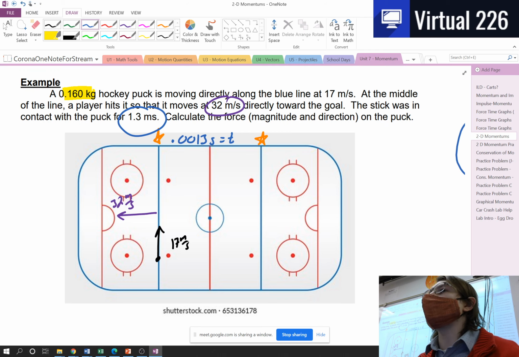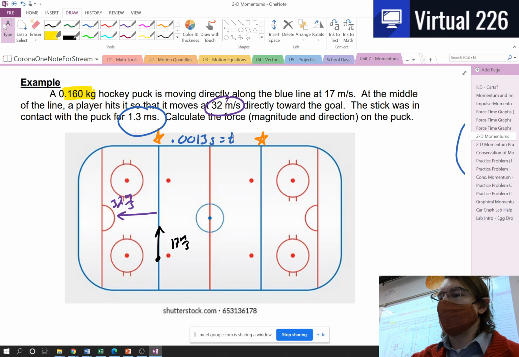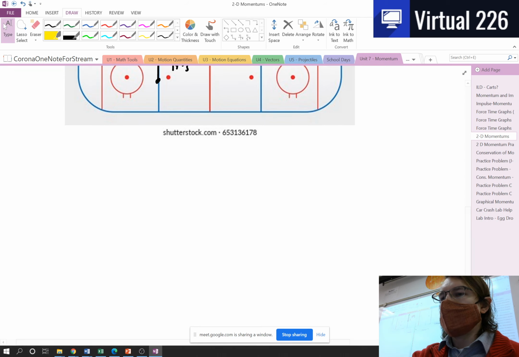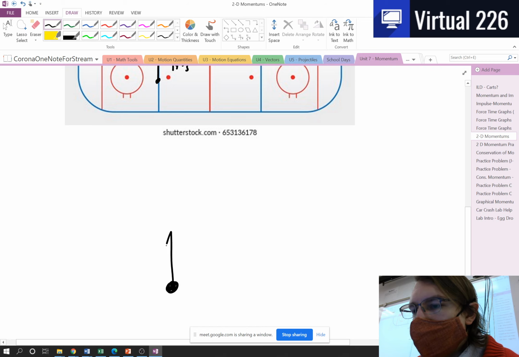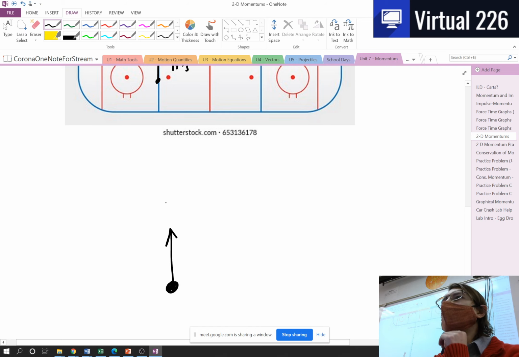Let's redraw it to help us out a little bit, though. So what we have here, and we're just going to draw this a little bit bigger, we have a puck moving this way. If we want the puck to move directly to the left, what way do you think we're going to have to strike it?